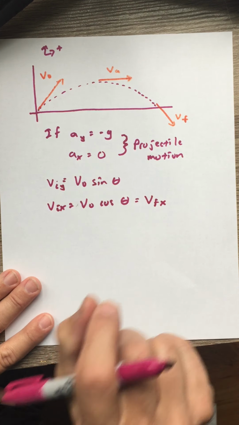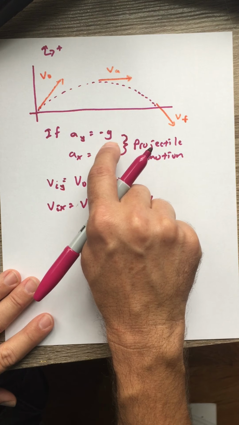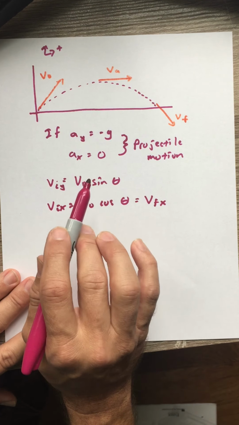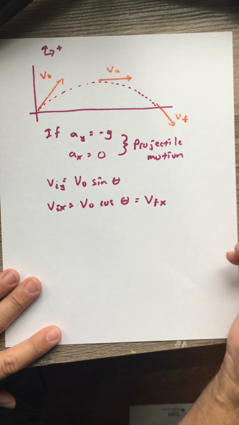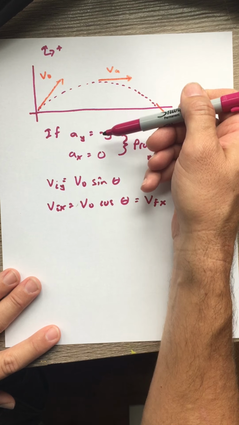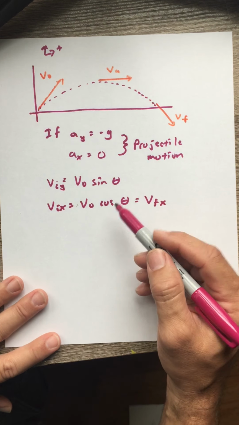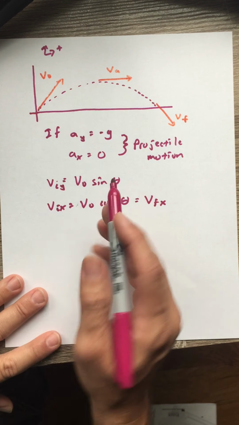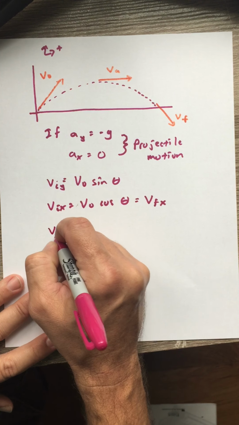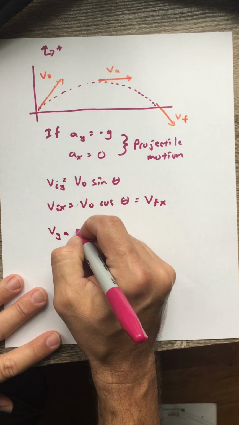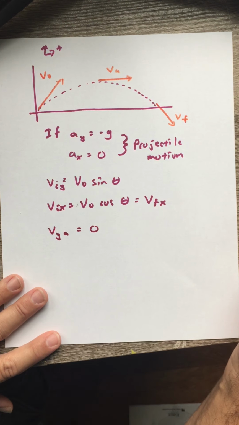Now, the y direction definitely is not the case. The y direction is accelerated. a_y is equal to negative g, and so in the y direction, the velocity constantly changes. We've looked at that motion before. Remember, we talked about things going up, and they slow down, and then stop, and then turn around and speed up. So if we apply that thinking in the y direction here, maybe you can see that v_y at the apex has got to equal 0.